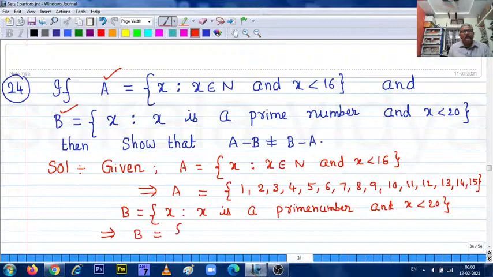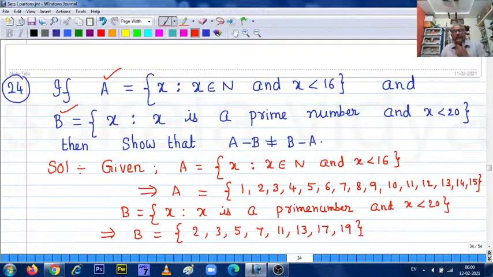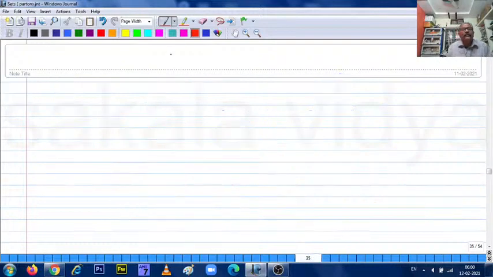What are the prime numbers? 2, 3, 5, 7, 9 is not a prime number, 11, 13, 14 is not, 15 is not, 17, 18 is not, 19. So 2, 3, 5, 7, 11, 13, 17, 19 are the prime numbers less than 20.